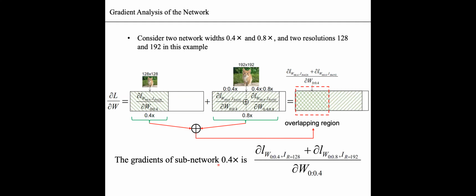Specifically, let's look at the 0.4 subnetwork. It has the gradient coming from itself, the 40% subnetwork. But at the same time, it also has the gradient coming from the other subnetwork, which is 80%. The first 40% of the 80% subnetwork is also added to this 40% subnetwork. So there is an overlap region.